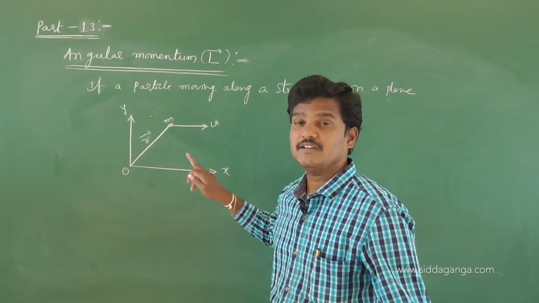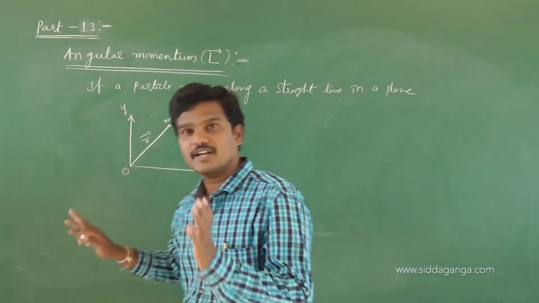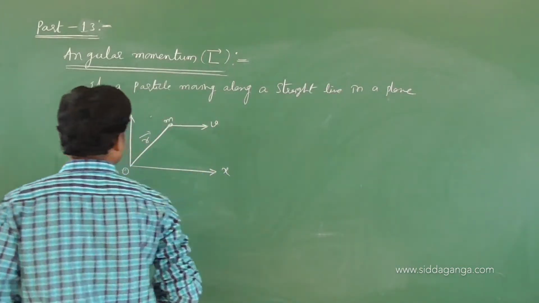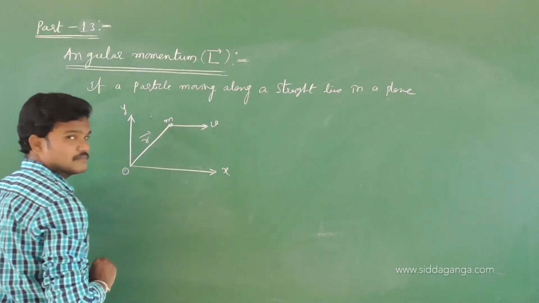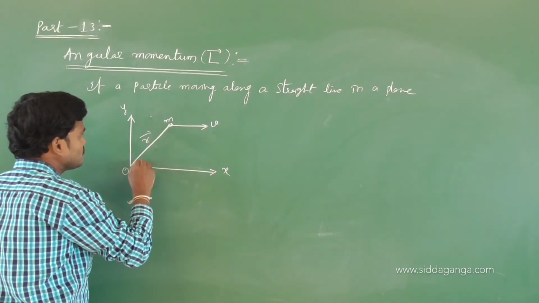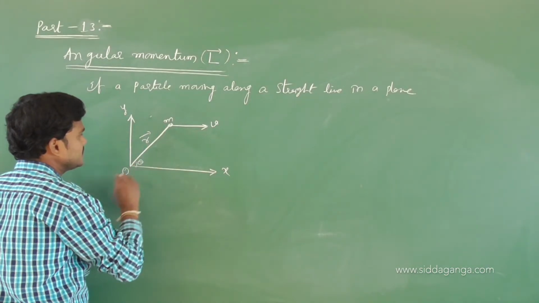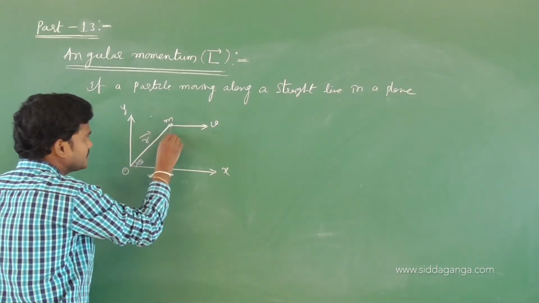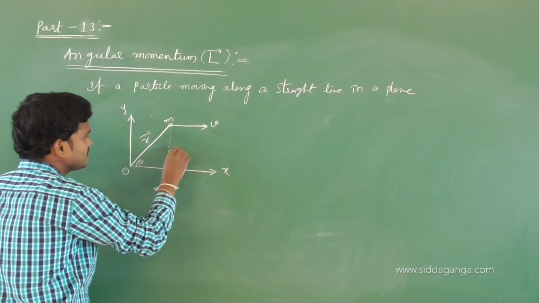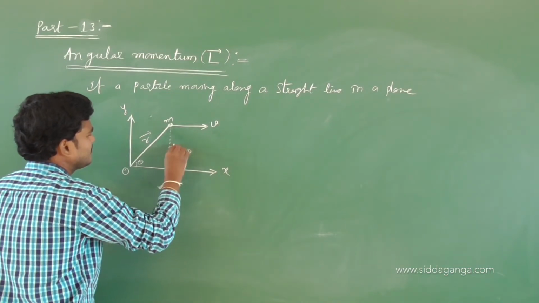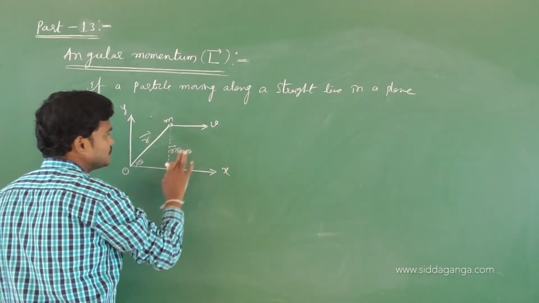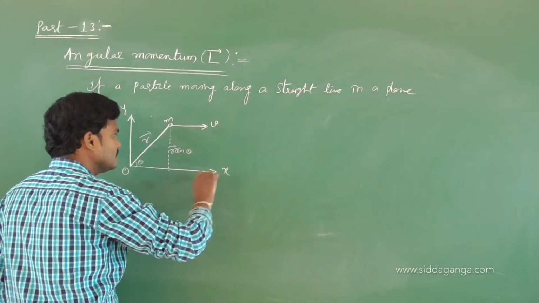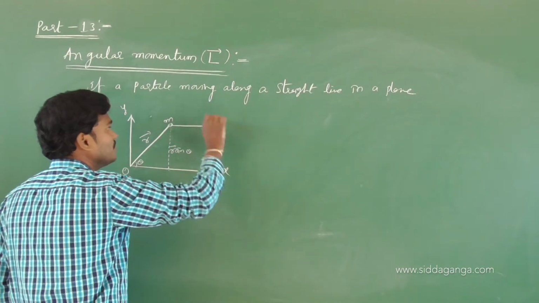Linear momentum is a vector, so it is also a cross product. This is the momentum, and resolve it into components. With angle theta, there is r cos theta, and the shortest distance is r sin theta. This r sin theta is the shortest distance, and these two are equivalent to angular momentum.